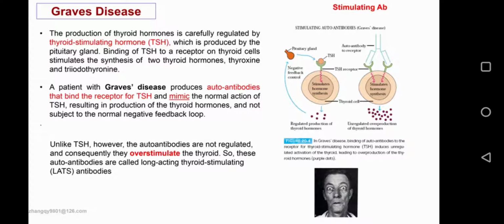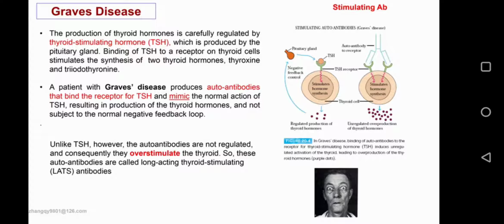The high level of thyroid hormone will feed back to the pituitary gland, telling it to release a low level of TSH. Low level TSH means there is not enough TSH to bind to the receptor, but they have a high level of antibody. This antibody can mimic the TSH.